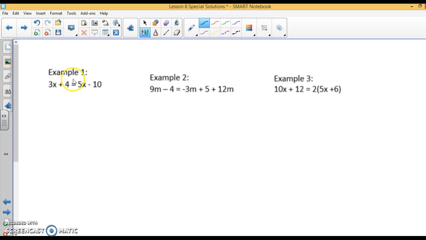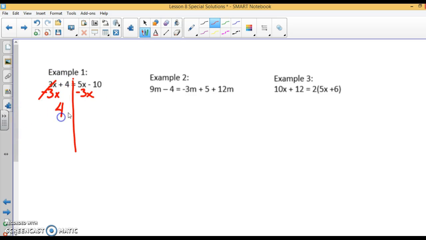Now, looking at equation number 1, I have 3x plus 4 equals 5x minus 10. I want to solve for x. So I'm going to put a line down the middle, and I want to move my variables to one side. I'm going to subtract 3x from both sides. So this will cancel out.